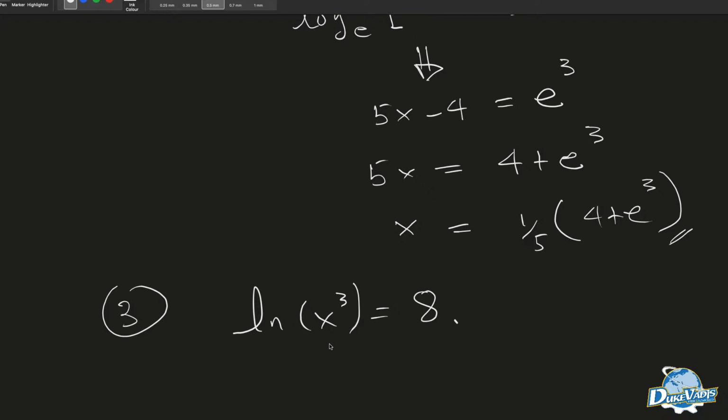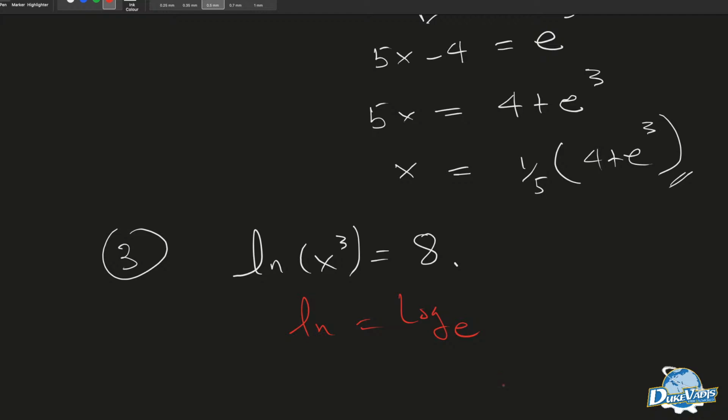Bear in mind once again that natural log can also be written as log to the base e. Because of that, our equation will take on a different look. So this one will be log to the base e of x cubed is equal to 8.